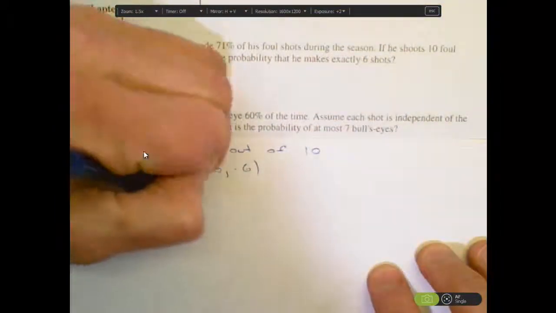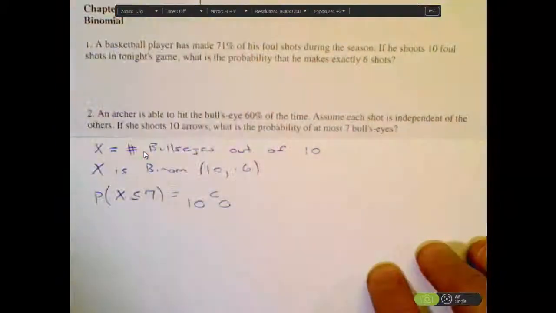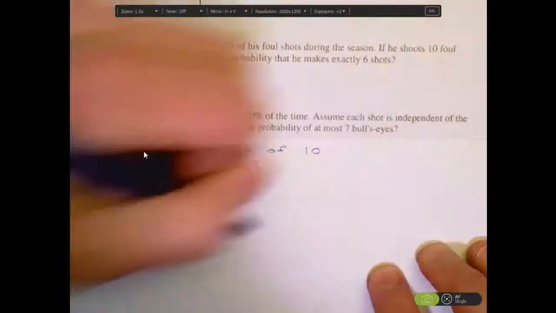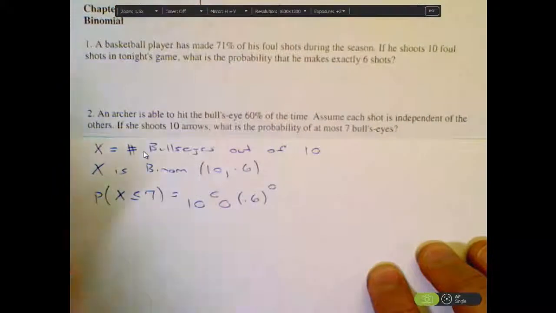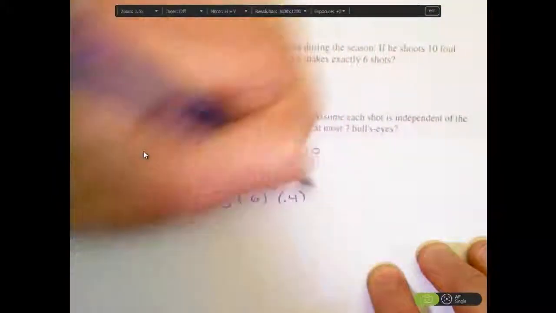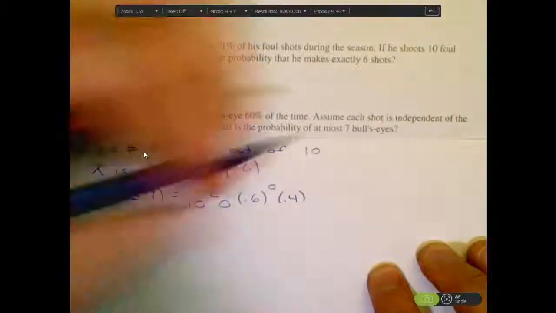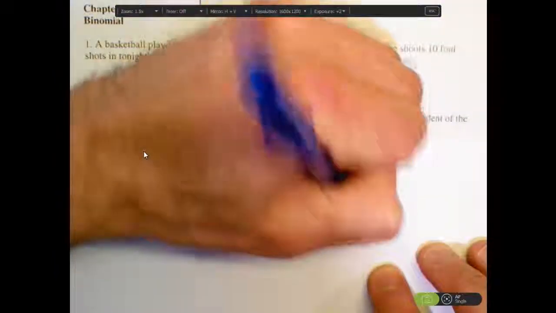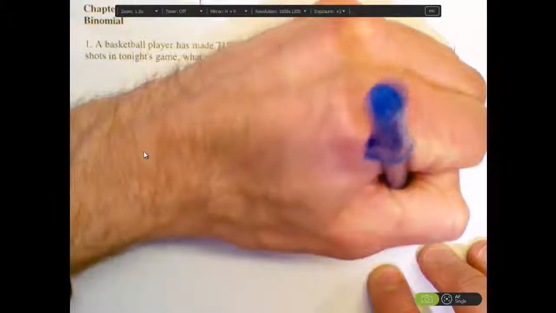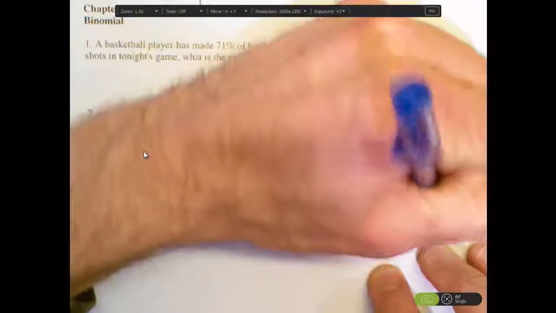This is going to be 10 choose 0. That's the n choose k. P to the k. 1 minus p is 0.4. N minus k. 10. Plus 10 choose 1. 0.6 to the first. 0.4 to the ninth.